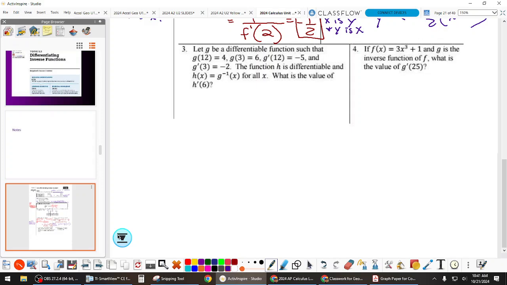I still think it's a good idea to operate under one or other of these, and I like to use G prime instead. So H prime is the same as d dx of G inverse, in other words, right? Which is 1 over G prime of G inverse of x.